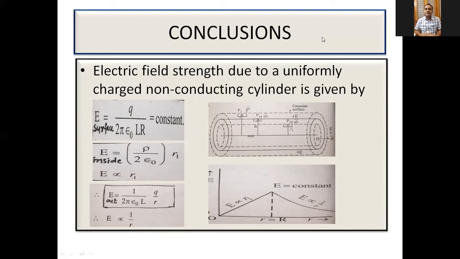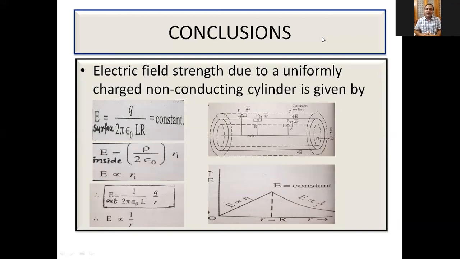According to that, we concluded through the graph shown in the figure. At the center of the cylinder, field strength is 0. As we move from the axis of the cylinder to the surface, the electric field strength increases according to the relation E directly proportional to R1 and becomes maximum at the cylinder surface.